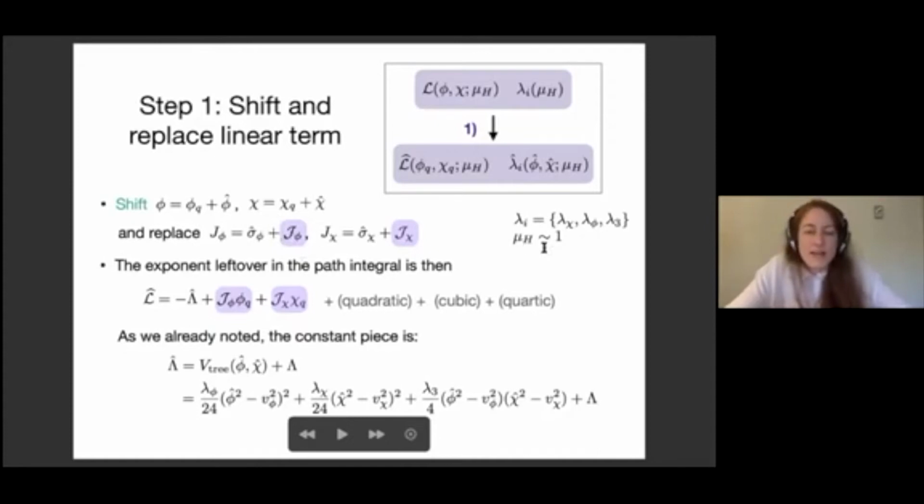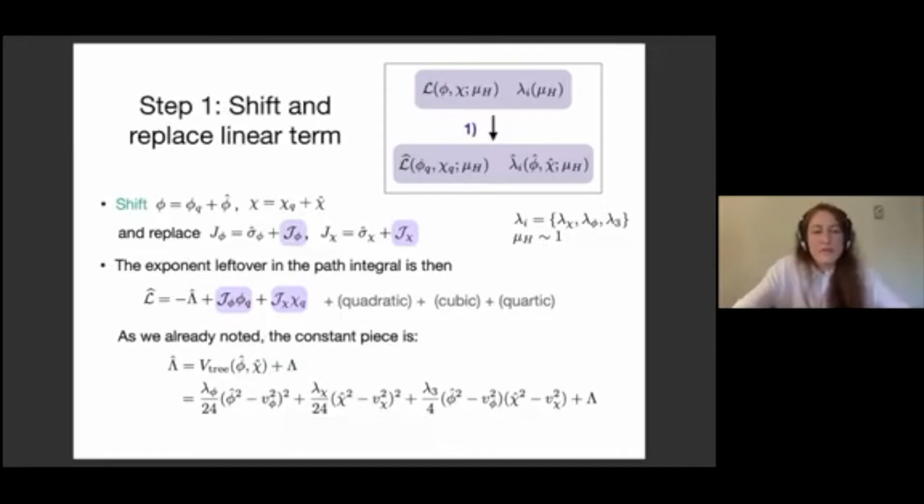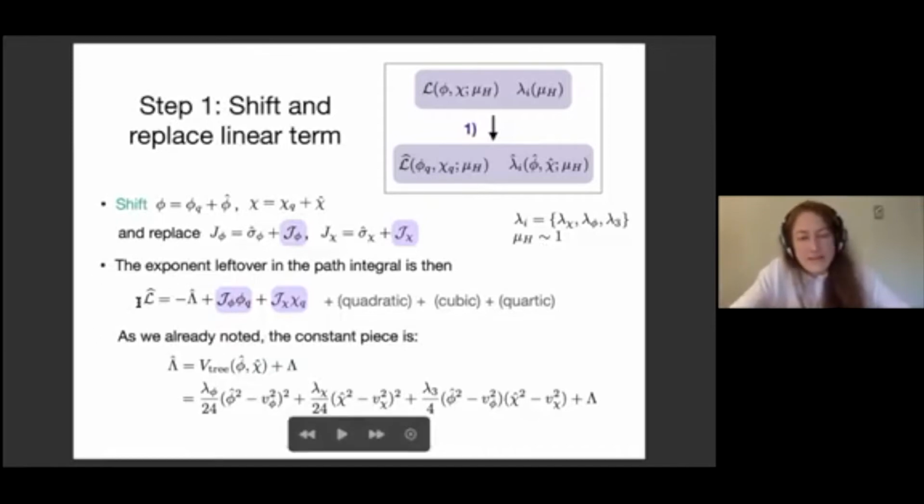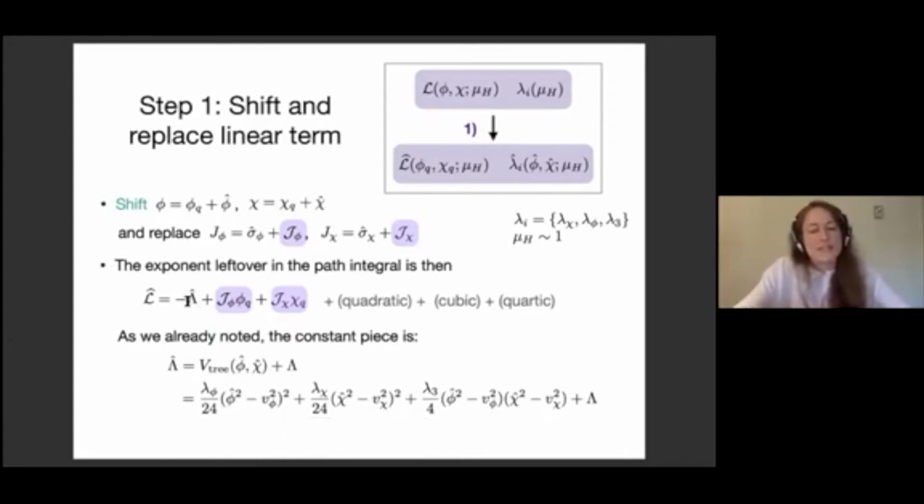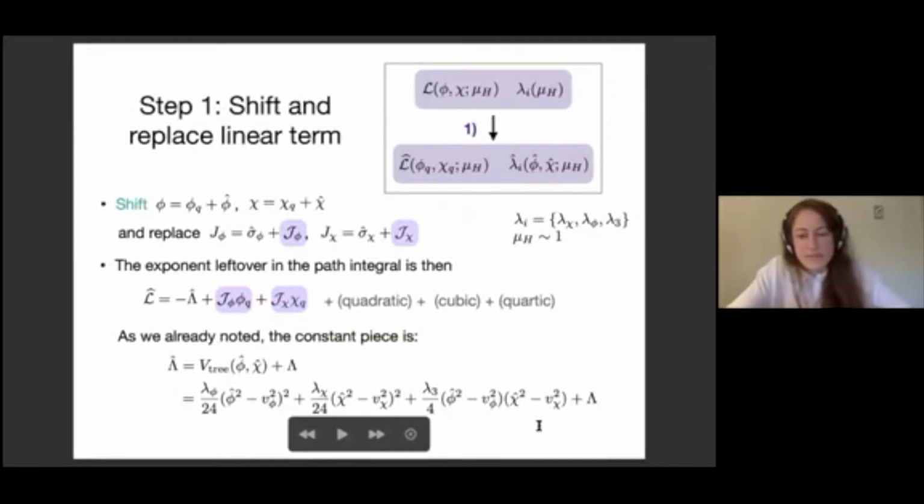The exponent that's left over in the path integral is this quantity I called L hat, and this L hat has couplings that depend on the background fields, and so it has this cosmological constant piece, which, remember, I already told you is just the tree level potential evaluated on the background fields. I'm just giving it here again to remind you what this looks like.